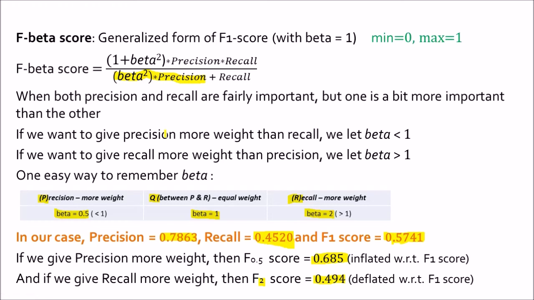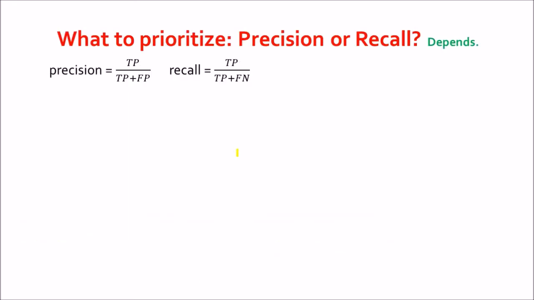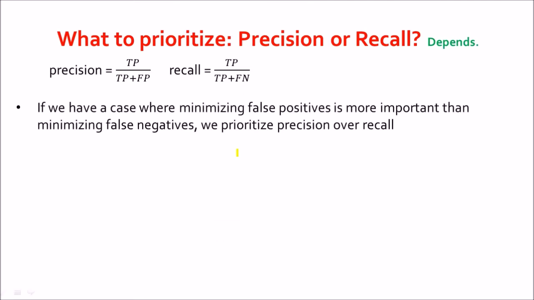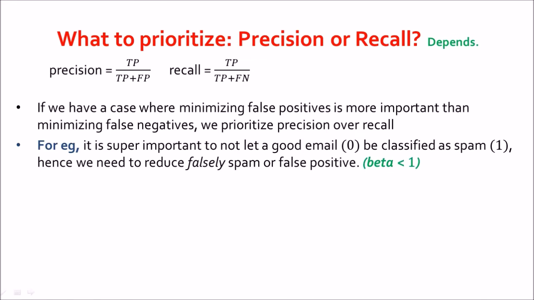Now one question that would have come to your mind is when to give precision more importance than recall and vice versa. Well, it really depends. In the first case, if minimizing the false positives is more important than minimizing the false negatives, then we would prioritize precision over recall. For example, it is super important to not let a good email, a negative case, be classified as spam, because you do not want a good email to go into the spam box, since we hardly ever check our spam box.